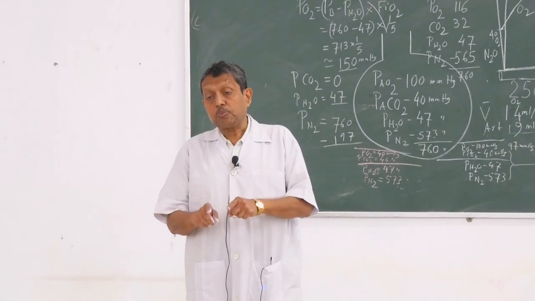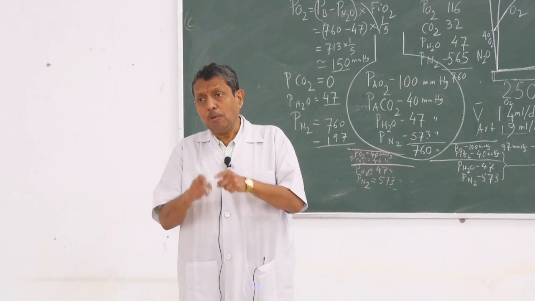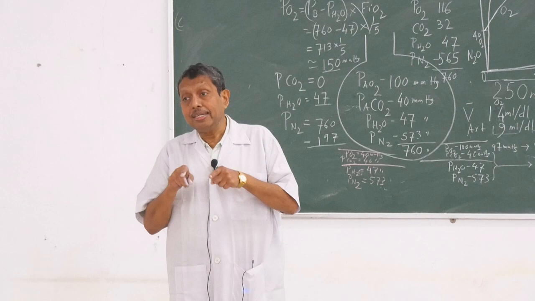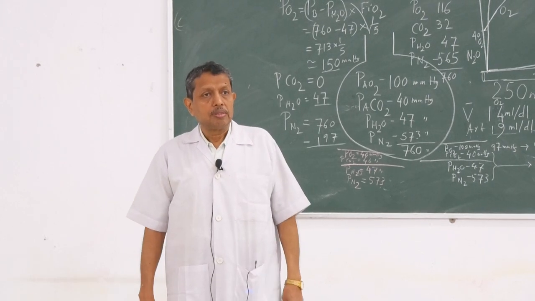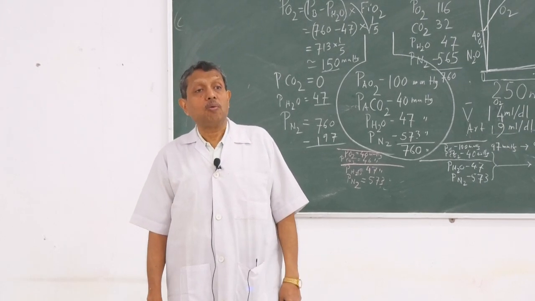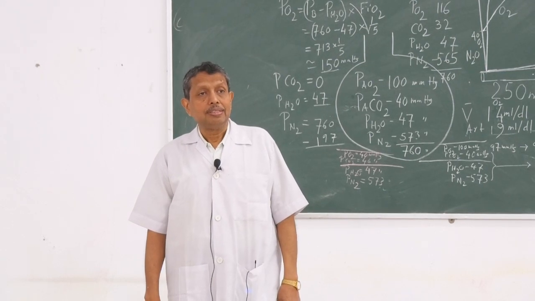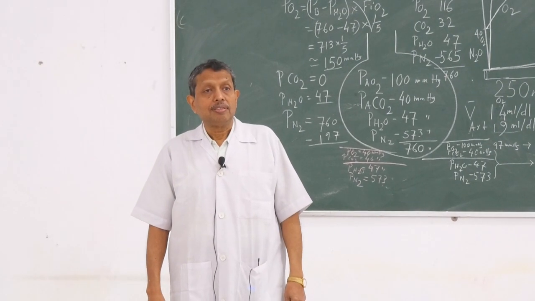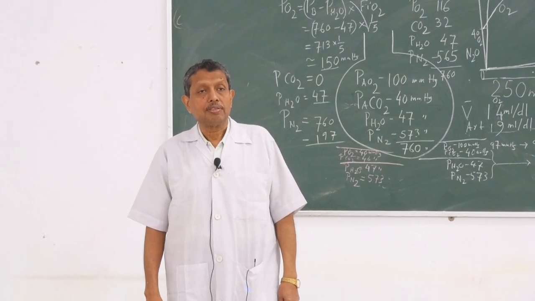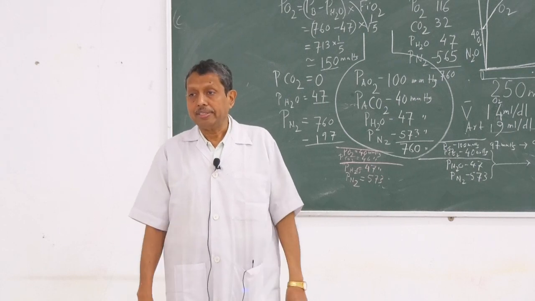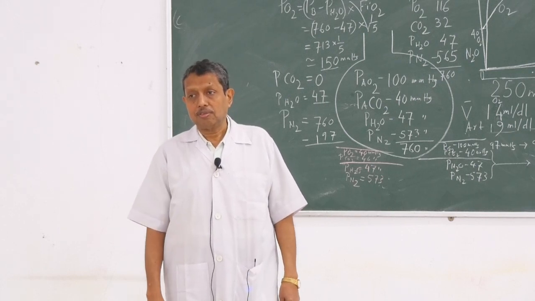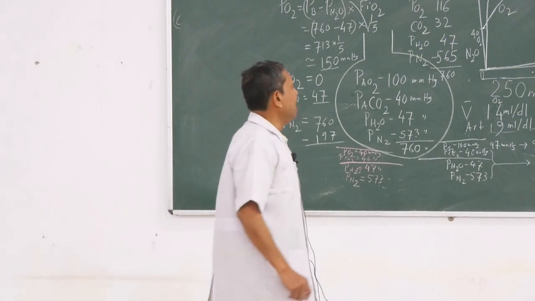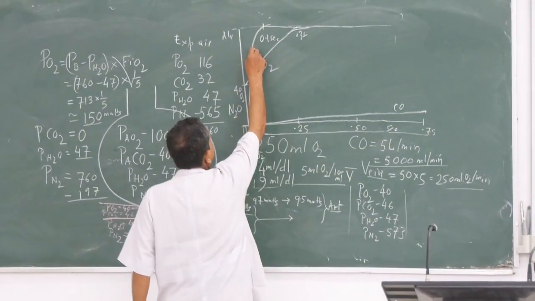If you want to increase the entry of these gases into the blood, then you have to only increase the blood flow. Understood? Increase the blood flow. As soon as the blood goes, it reaches equilibrium, so the supply has to be increased. Understood? Supply has to be increased. Perfusion limited or flow limited, and their transfer is flow limited.